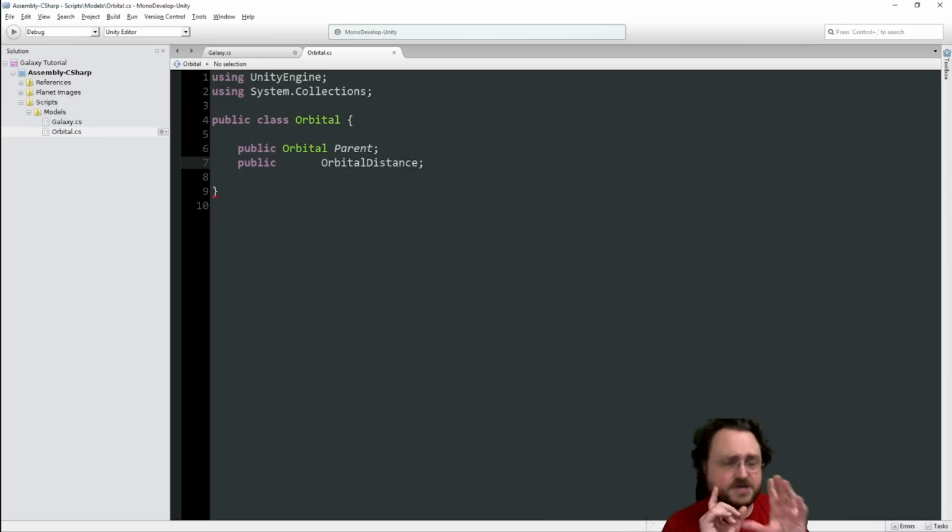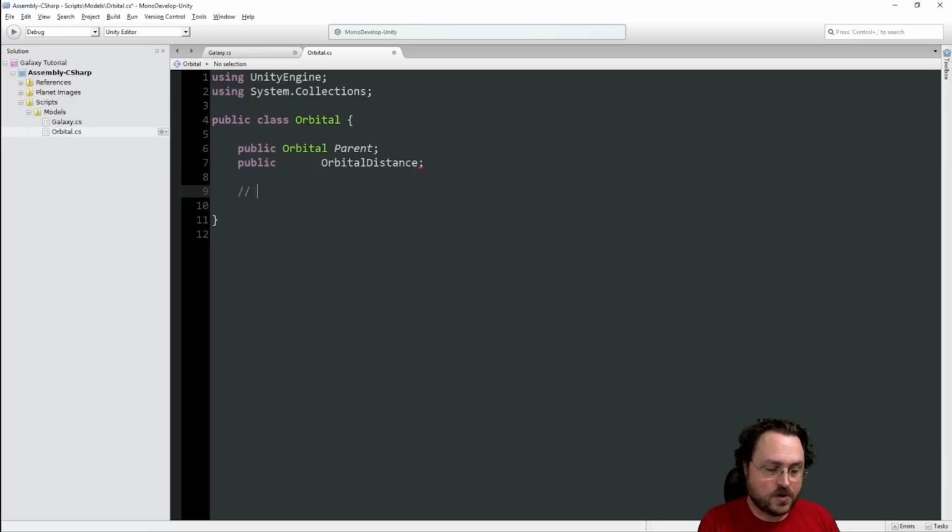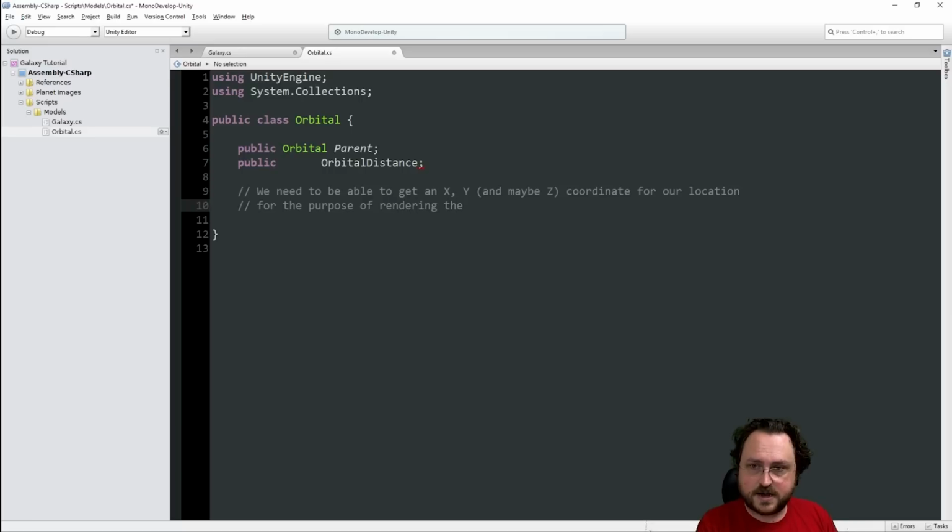And then we get the first interesting question here. What should our type be? It's worth noting that at some point we need to be able to get an X, Y, and maybe Z coordinate for our location for the purpose of rendering the orbital on screen.